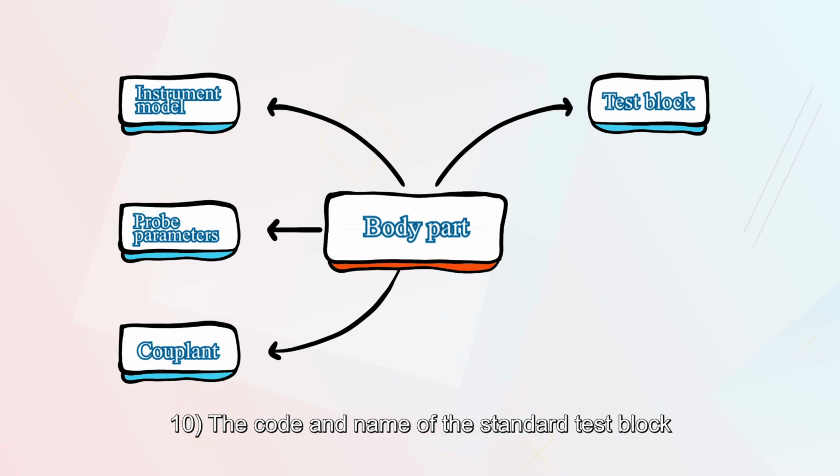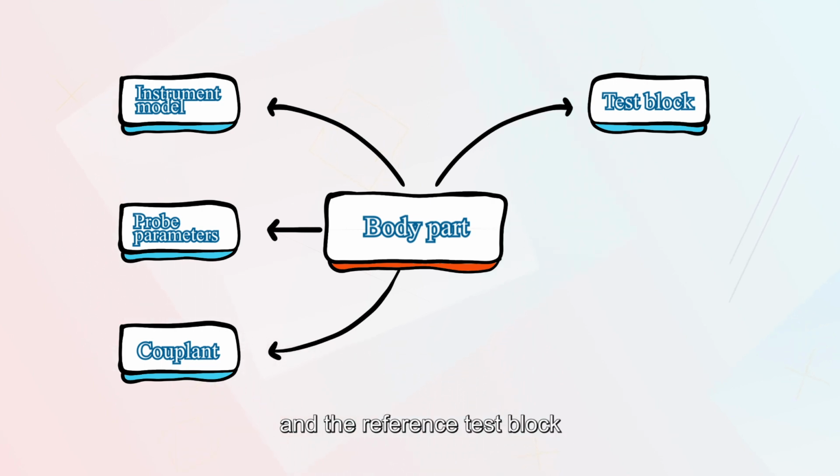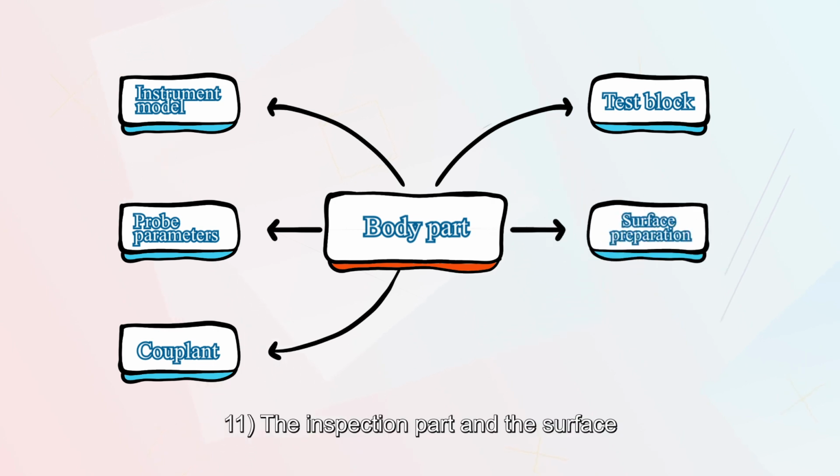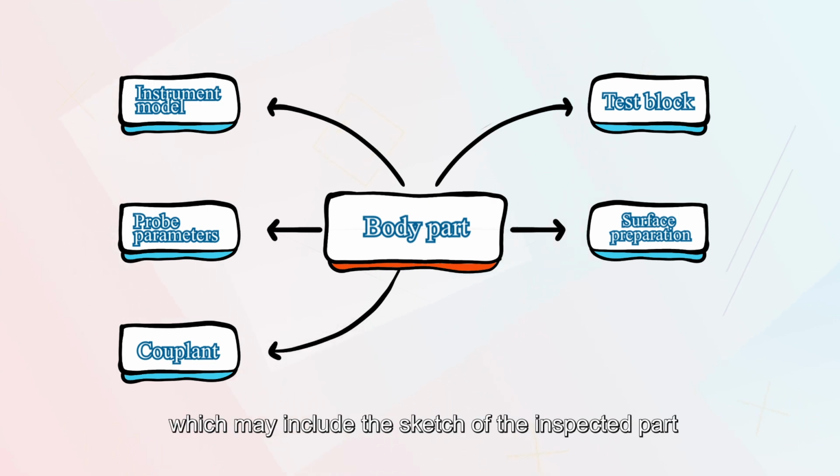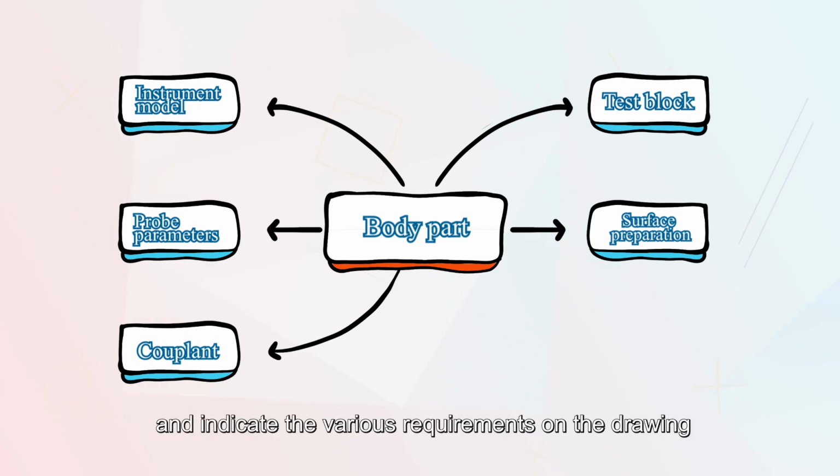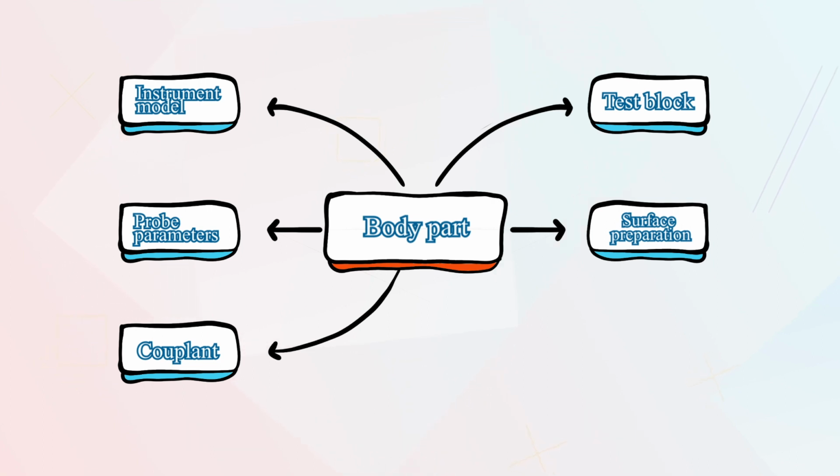The code and name of the standard test block and the reference test block. 11. The inspection part and the surface preparation requirements before the inspection, which may include the sketch of the inspected part and indicate the various requirements on the drawing.